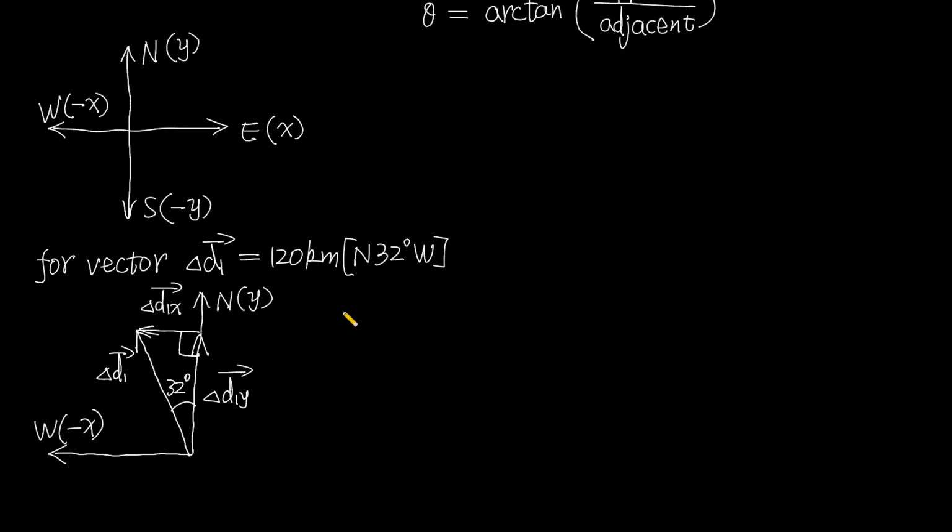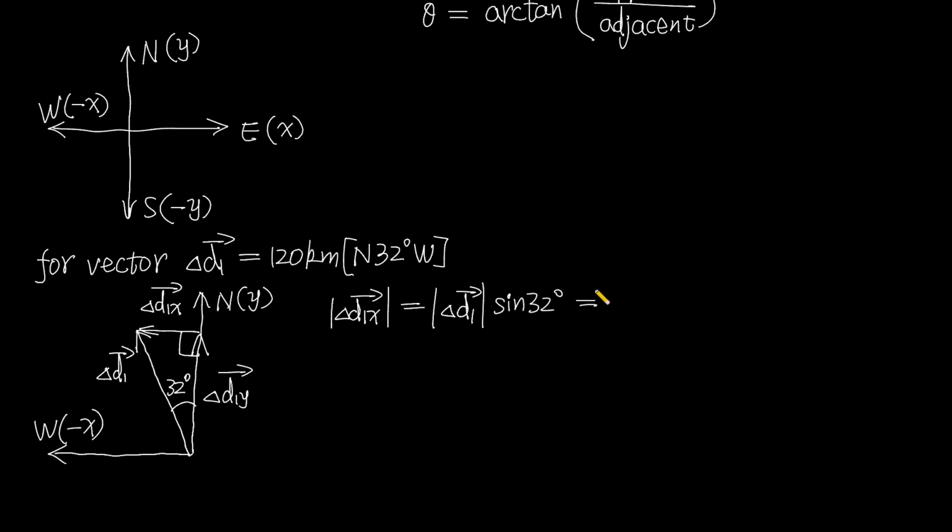From the graph, we know that the magnitude of delta d1x just equals the magnitude of delta d1 multiply sine 32 degrees.